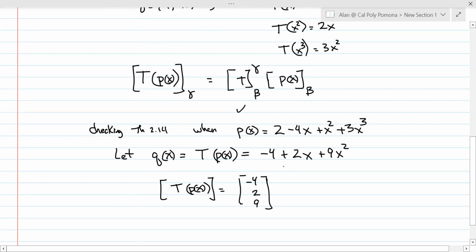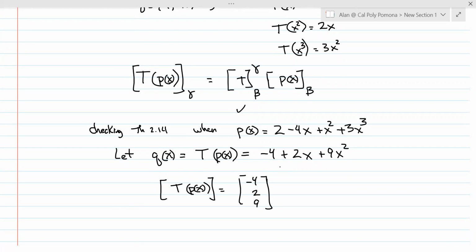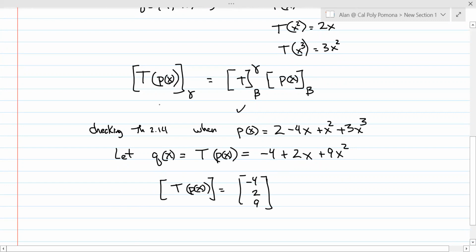With suitable changes, if the polynomial is something different, you would be figuring out T of p of x in a similar way and changing it into a column. Okay, so we have now this. We have two pieces of the puzzle here.